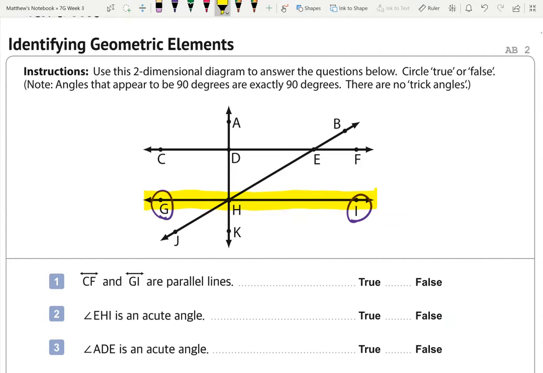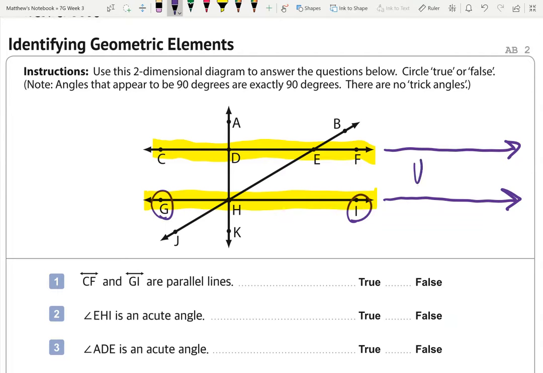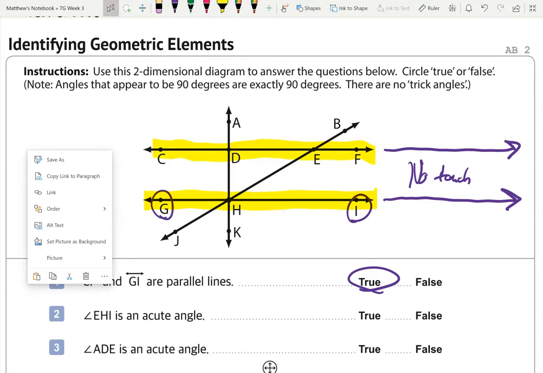And C and F, so that's going to be C to F. Notice if I kept on going with these lines, this line would keep on going on and on forever, and this line would too, and they would not touch. So therefore, they are parallel lines.